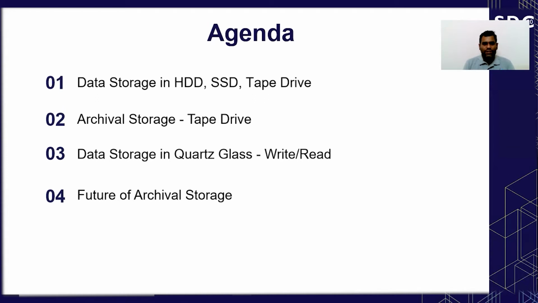The next topic is data storage in Quartz Glass: why we are using Quartz Glass, its pros and cons, how we are storing the data, and how we are writing and reading the data by using AI and ML in Quartz Glass. Finally, we will see the future of archival storage.